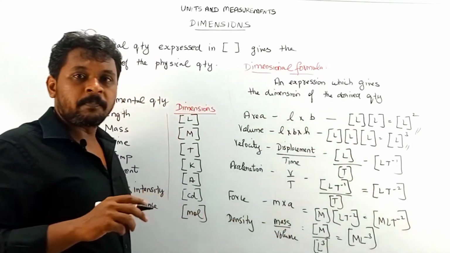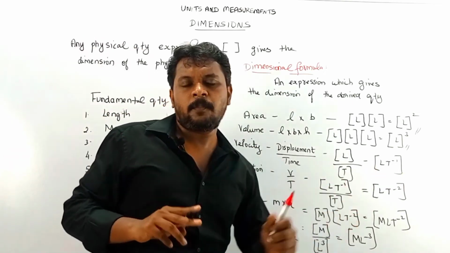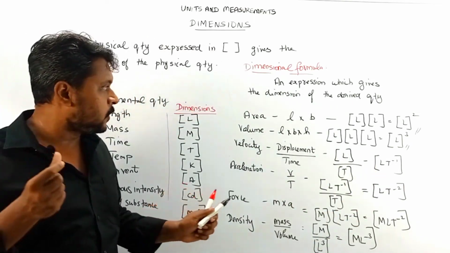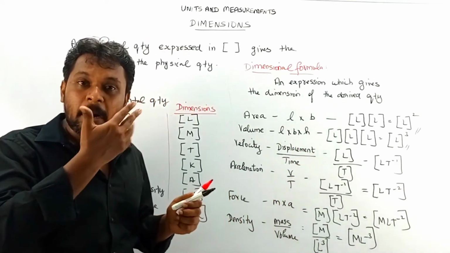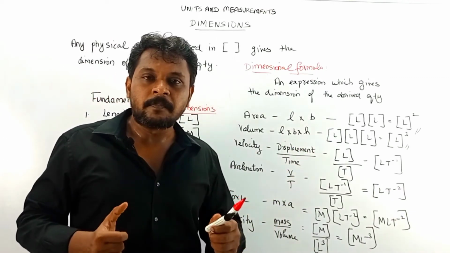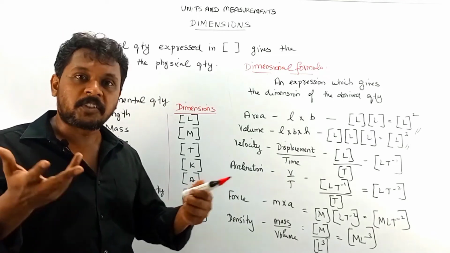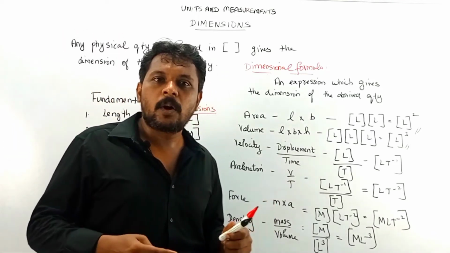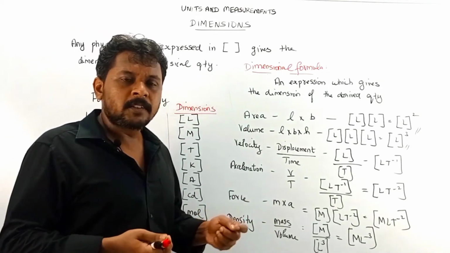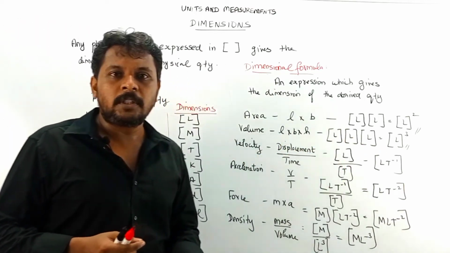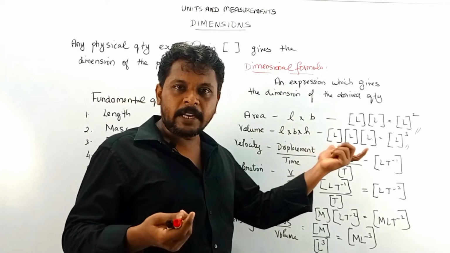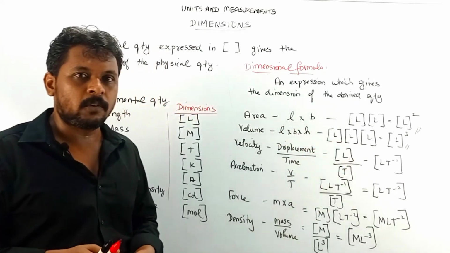This is the dimension of density. Like this you could also write the dimensions of the remaining derived quantities like power, energy, surface tension, stress. You can easily substitute the fundamental quantity dimensions in the formula and find the dimensions of the remaining quantities.